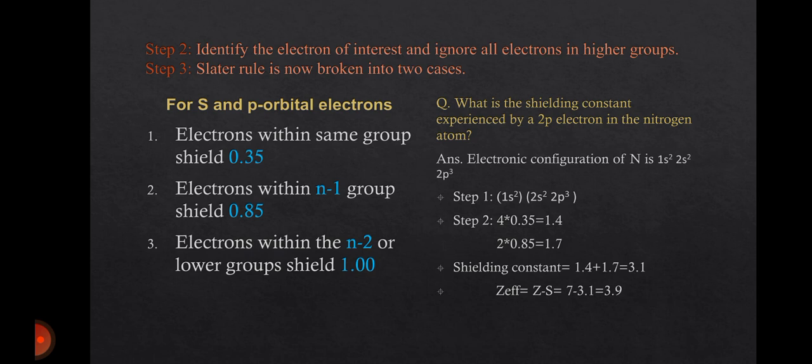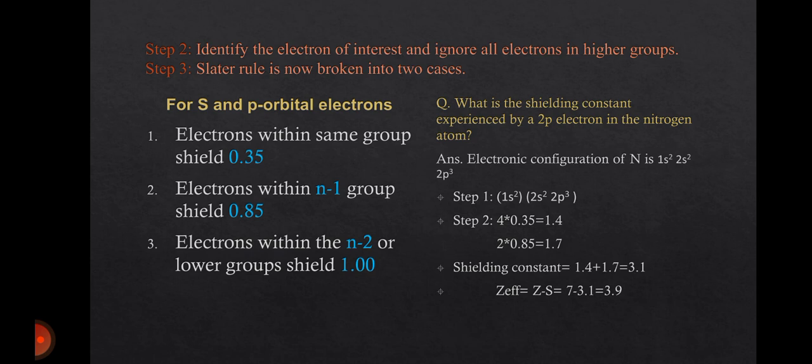According to step 3 of Slater's rule, for s and p orbital electrons, electrons within the same group shield 0.35 each. So 4 electrons shield 0.35 each. We multiply 4 into 0.35, that is equal to 1.4.